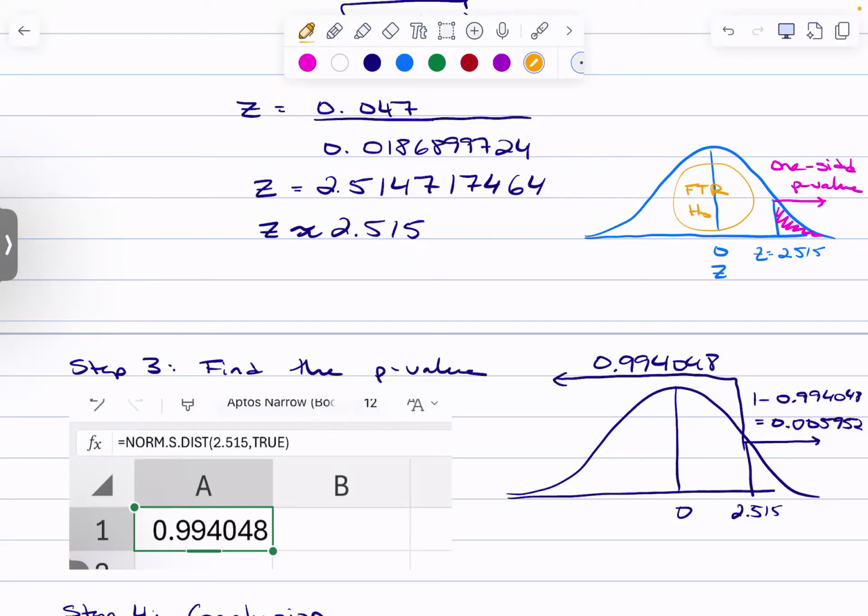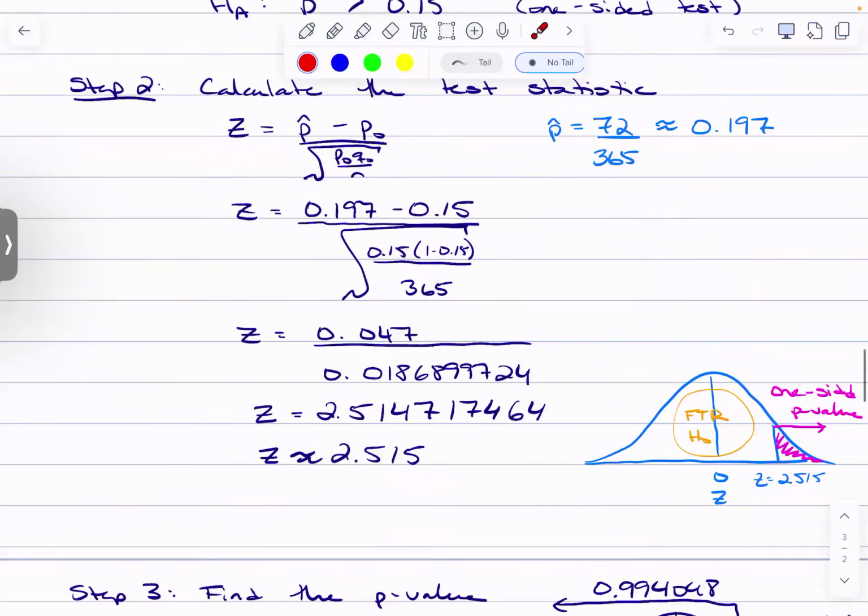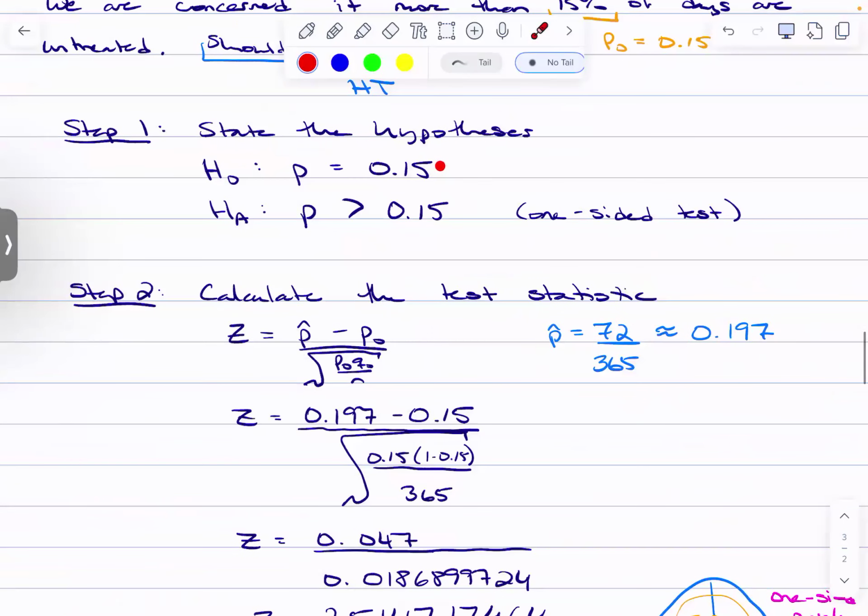There's a p-value chance that we're wrong. We could be wrong in our decision, but this is small enough for us to feel comfortable saying, I don't think that the null hypothesis that P is 0.15 is reasonable anymore.